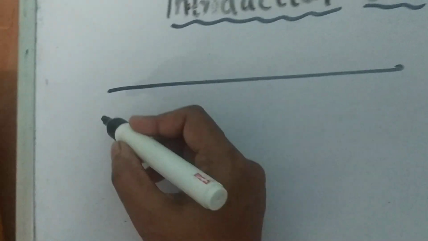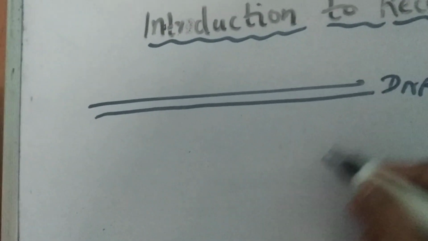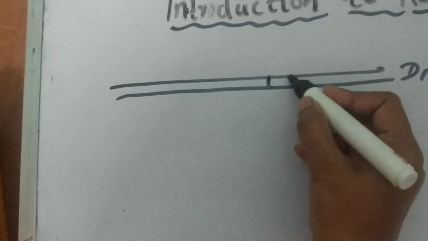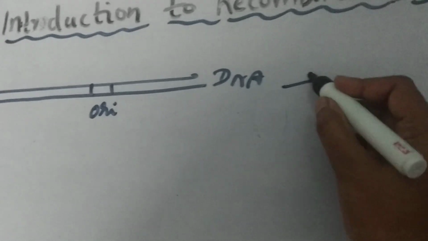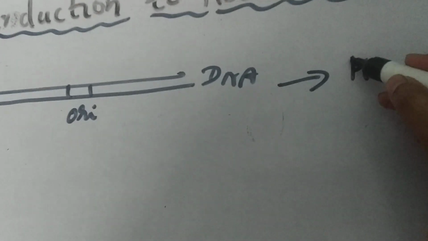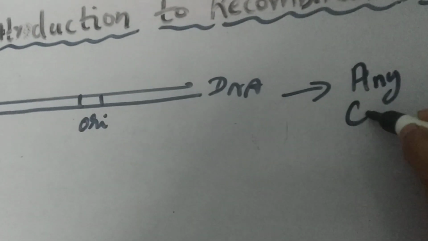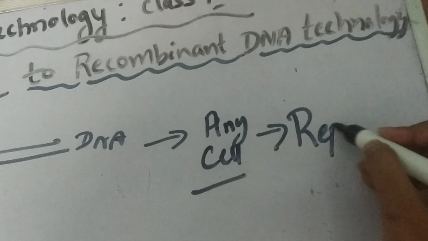So now again the question came: if I take any DNA molecule, let's say this is a DNA molecule which is of my interest, I'll draw a double-stranded DNA molecule. Supposing it has an ORI, and I put it into any cell, will it replicate?